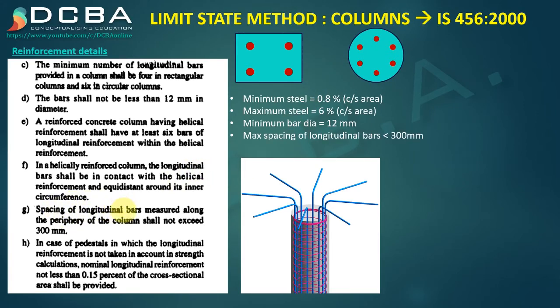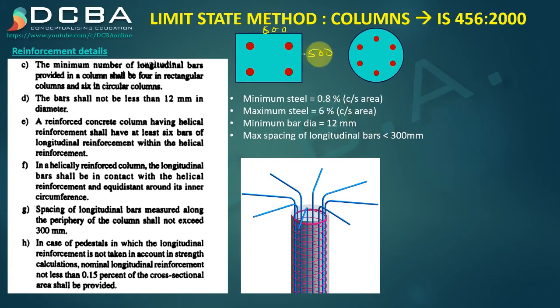Maximum spacing of longitudinal bars measured along the periphery of the column shall not exceed 300 mm. So for example, if the dimension of this column is 500 by 600, let's say, then definitely the spacing between these two bars is going to be greater than 300. So it is not that since in rectangular it is said that only 4 bars are minimum, I'll provide only 4 bars.